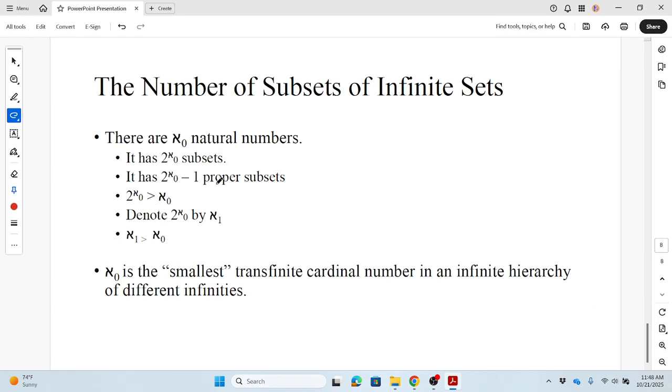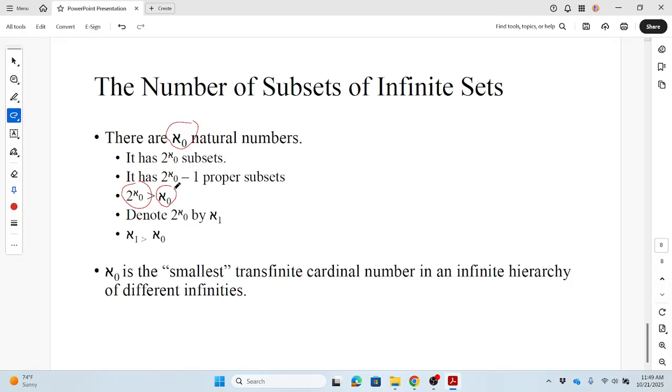Okay, let's assume that this is the set of natural numbers. Natural numbers means 1, 2, 3, 4, keep going, infinite. Then it has 2 to the power of that many subsets and 2 to the power of that minus 1 proper subsets. This number is greater than this one.